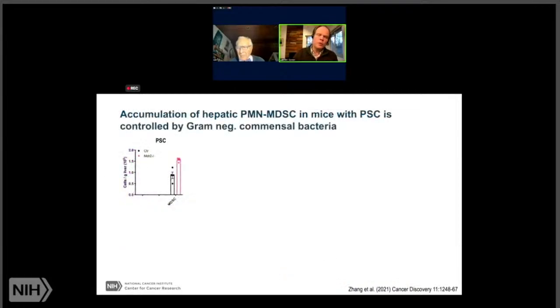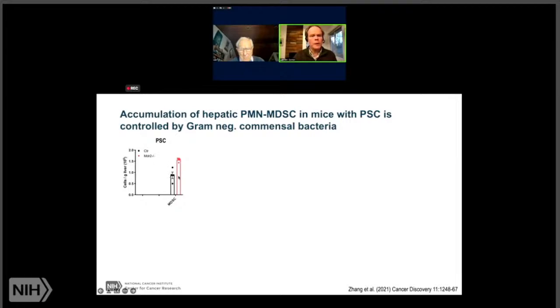Now, if we look at the immune cell composition of these mice in which we induce PSC, we notice an accumulation of so-called myeloid-derived suppressor cells. These are myeloid cells which we have been studying for a number of years, and which we know are very important immune suppressors.